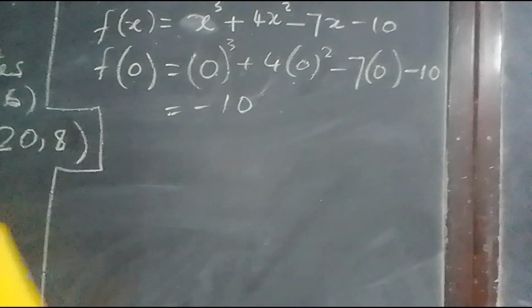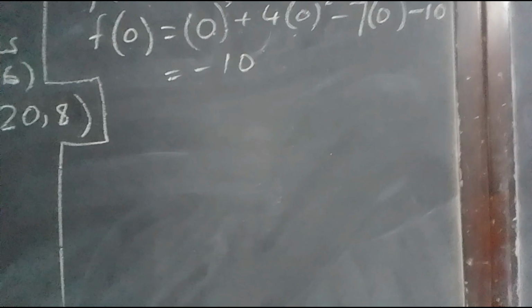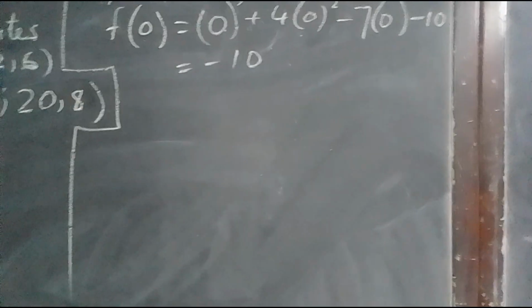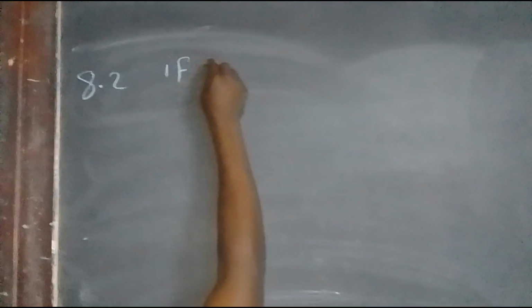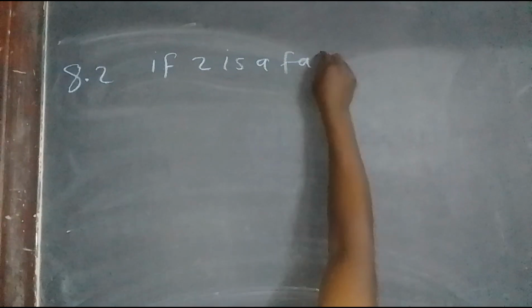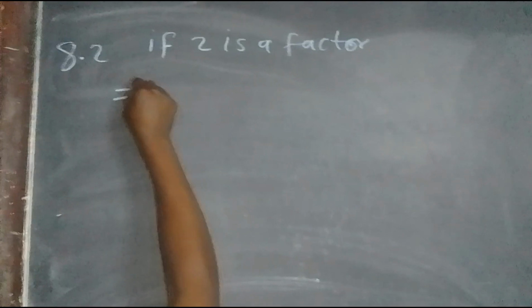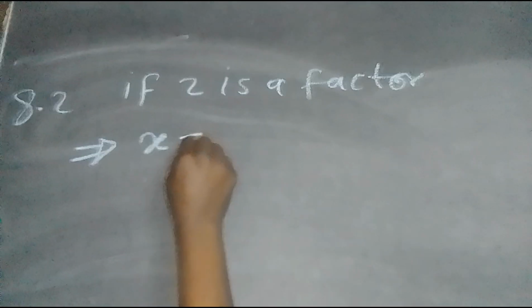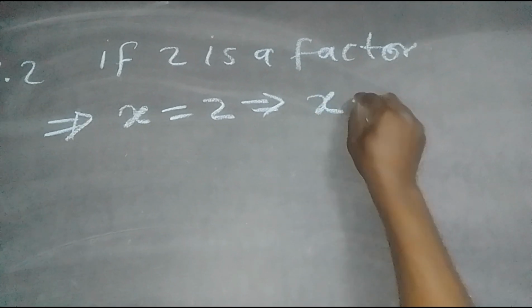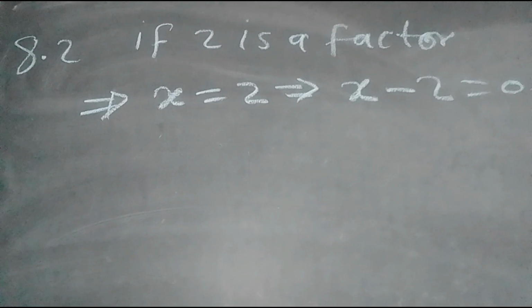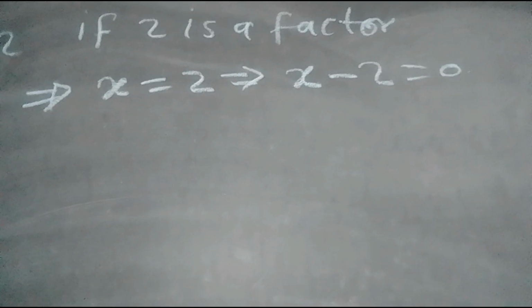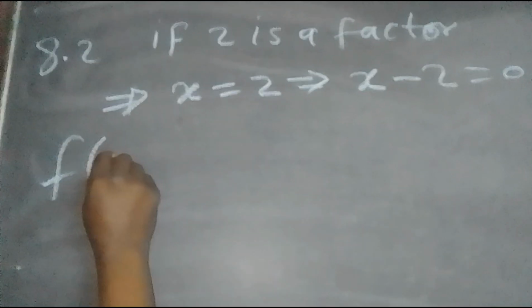Then 8.2 says show that 2 is a factor. If 2 is a factor, it follows that x equals 2, meaning that x minus 2 equals 0.